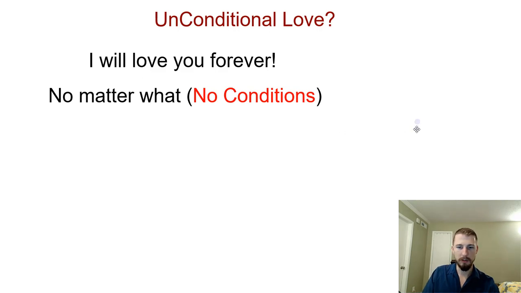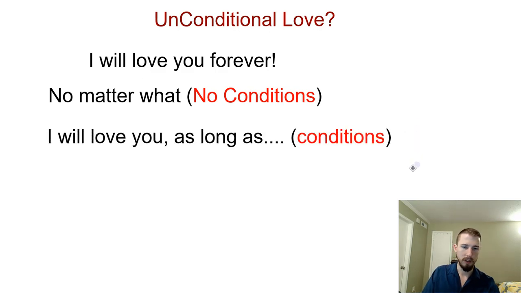But what actually happens is, I will love you as long as, and then insert all the conditions. Right, and that's why we have all the divorce. So sad, so sad. Because there were conditions there. They just lied and said they would love you forever, but they have conditions. But your parents will always love you, even if you're a terrible, evil person. Your parents will always love you. So their love is unconditional.